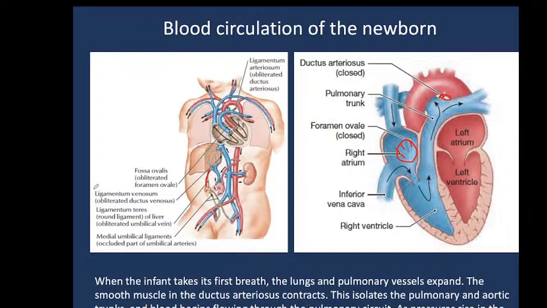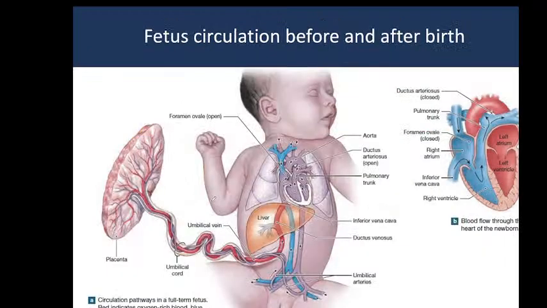It transforms into the ligamentum venosum. This is an obliterated ligament, as well as the ligamentum teres, or round ligament, on the anterior abdominal wall.